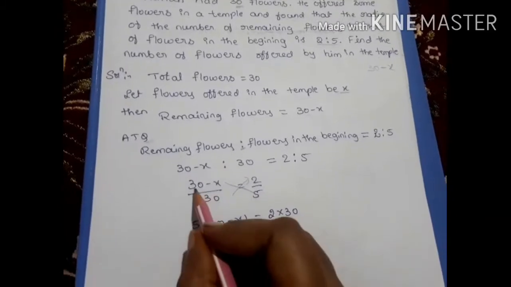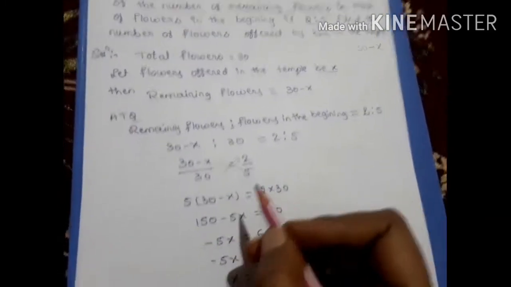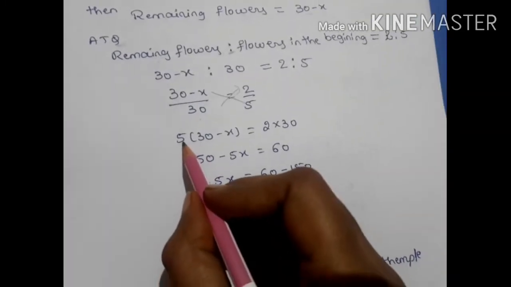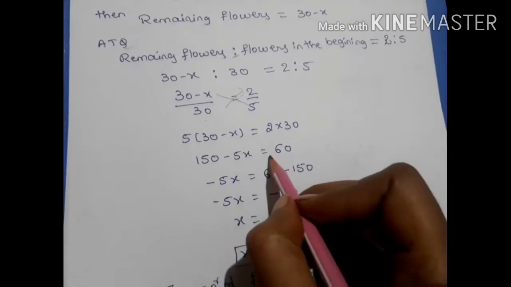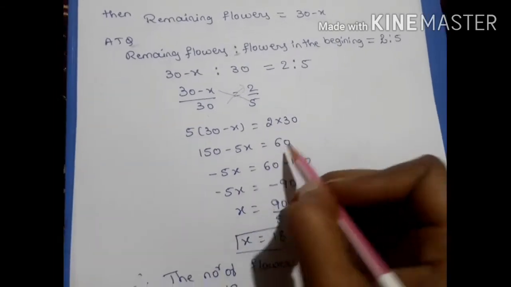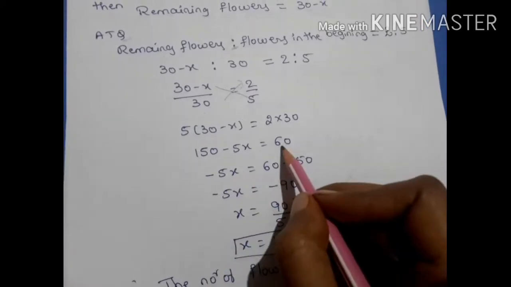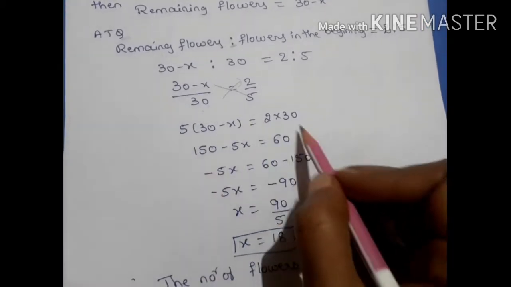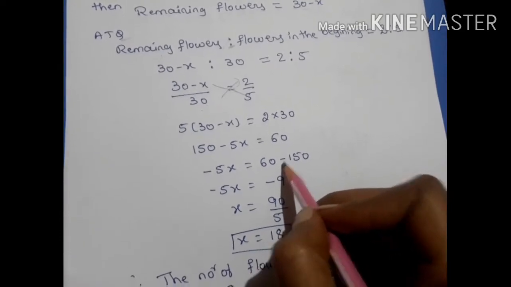5 multiplied with 30 minus x is equal to 2 into 30. 5 into 30 is 150, minus 5 into x, 5x, is equal to 2 into 30, which is 60. Minus 5x keep as it is. The 150 on the left, take to the RHS, it converts to minus 150.